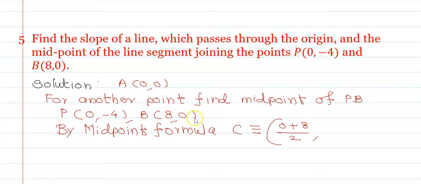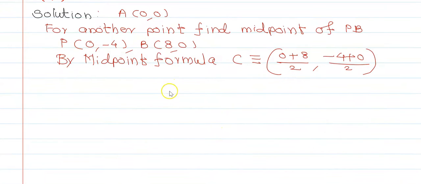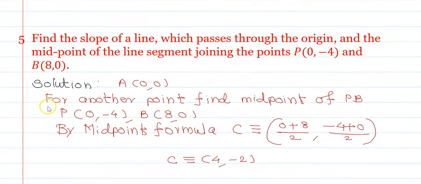Next is (y1 plus y2) upon 2, (minus 4 plus 0) upon 2. Therefore the point C is (4, minus 2).